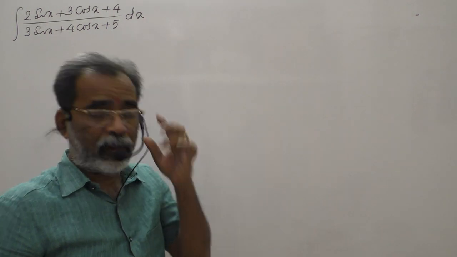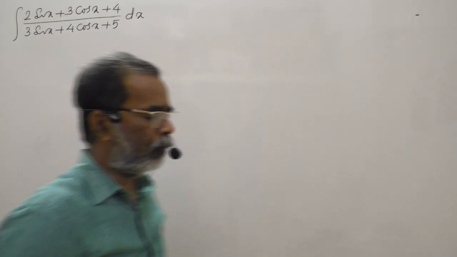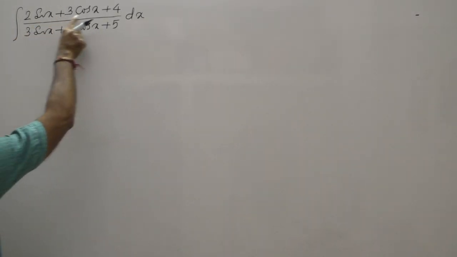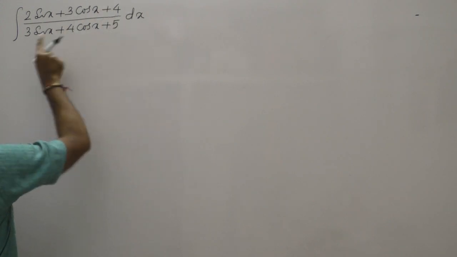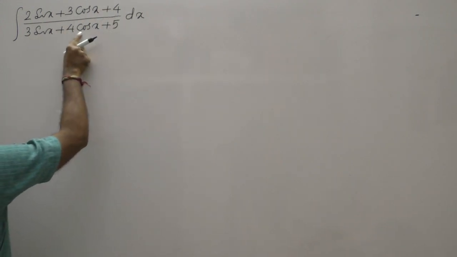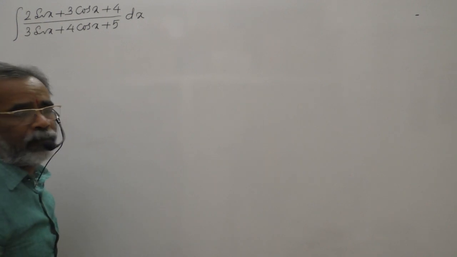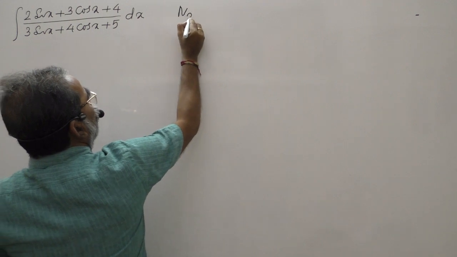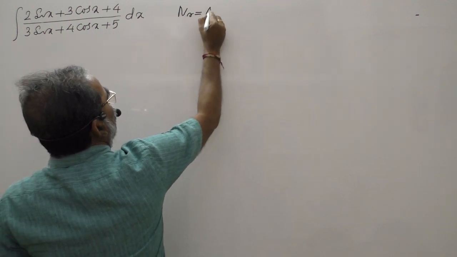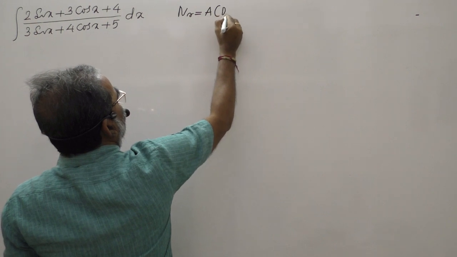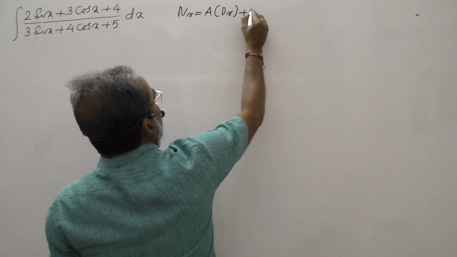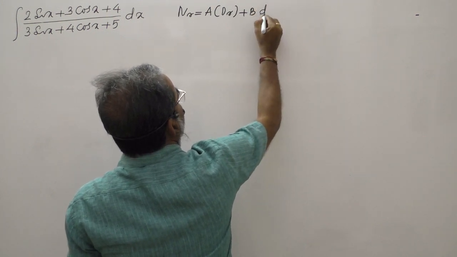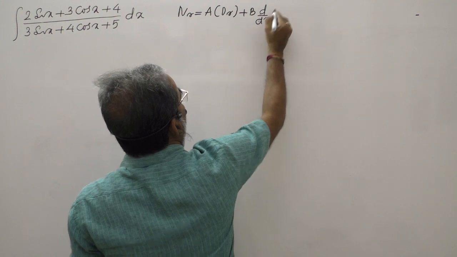Yes, we will see a problem of type 4. Listen. This is the question. Integral of (2 sin x plus 3 cos x plus 4) divided by (3 sin x plus 4 cos x plus 5). What is the procedure? Numerator is equal to a into denominator plus b into d by dx of denominator plus some other constant. It is a long answer question, lengthy problem.